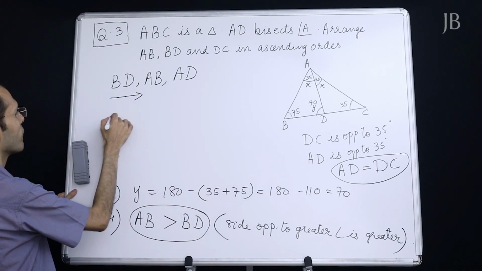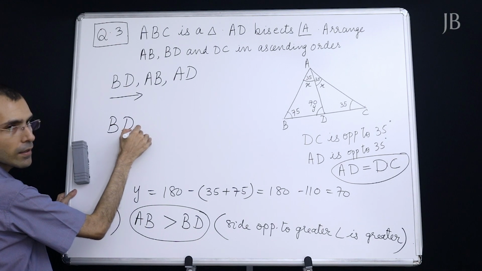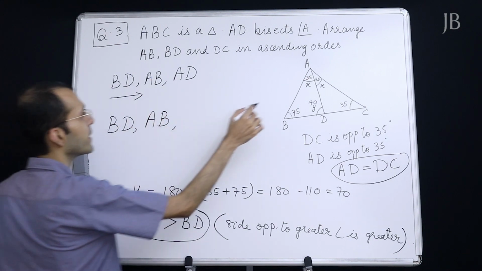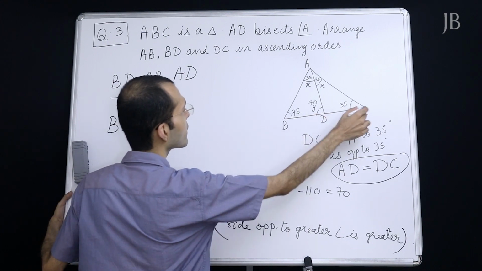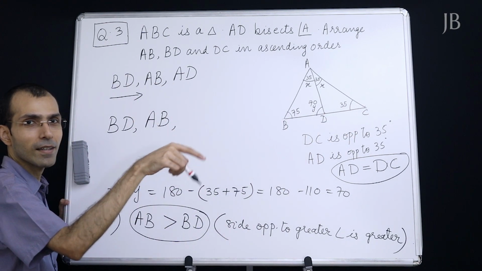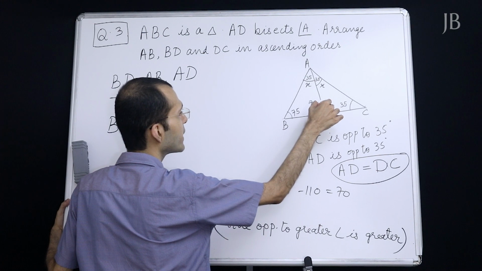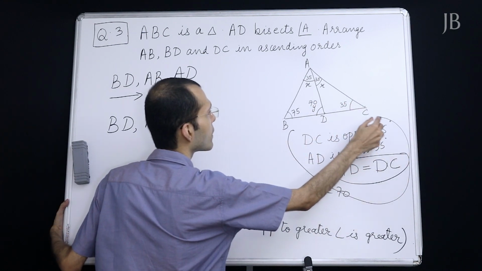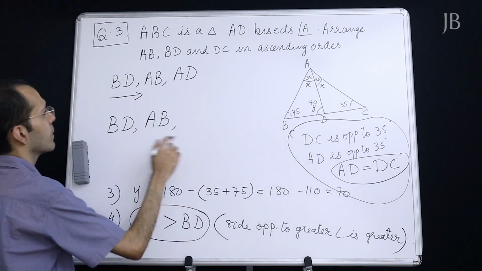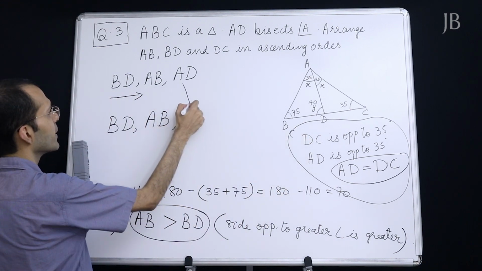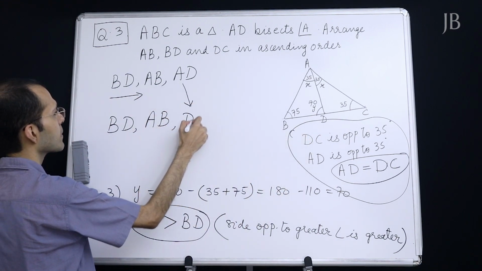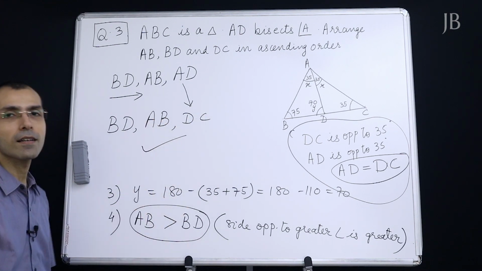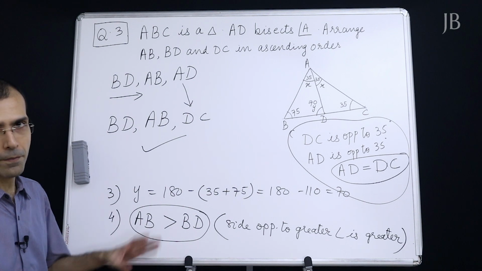So now final answer would be BD, AB, and AD is not required. They want DC to come in the picture. And just now we proved that AD and DC are same because of this argument. So this AD can be replaced with DC. And this will be our ascending order.